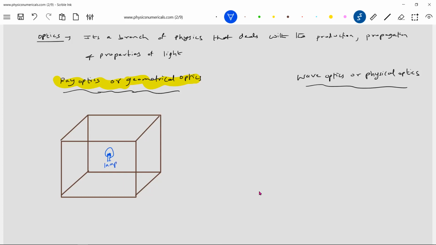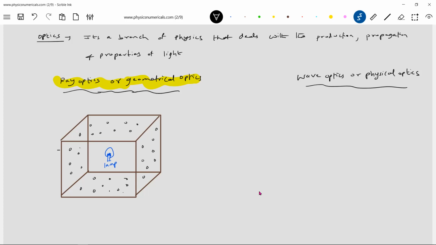There's a lamp. Then I'm going to make small holes on all sides. I think I can show this one. So now if I switch on the lamp, it's a wooden box.